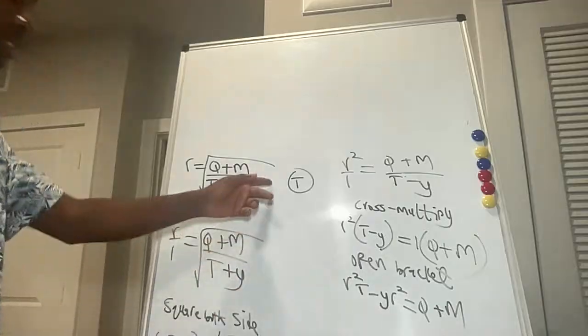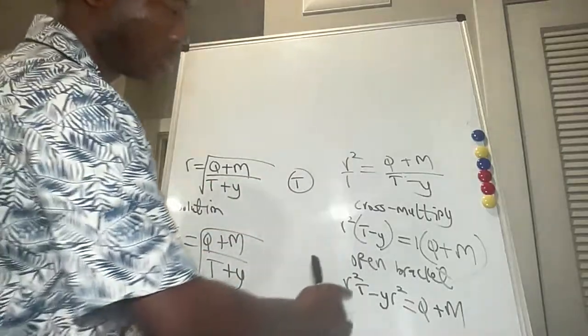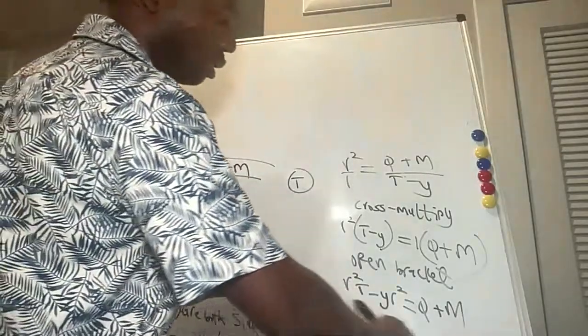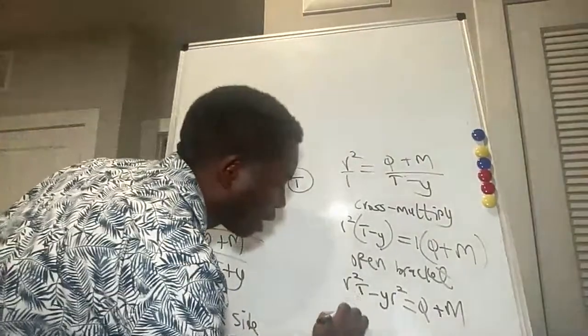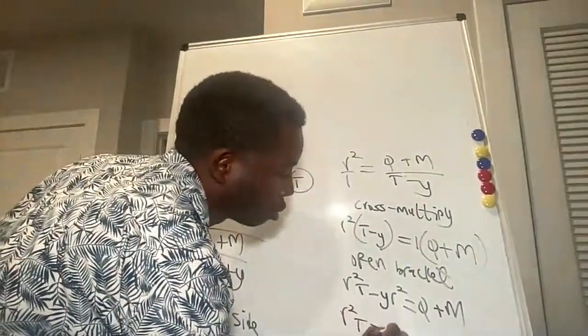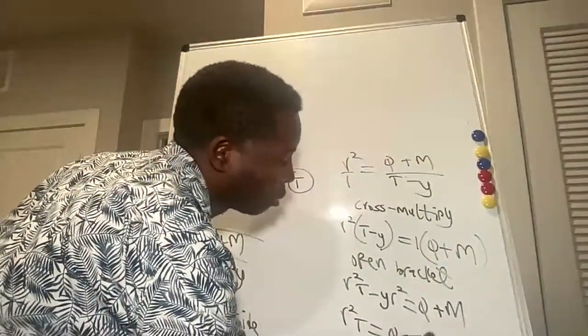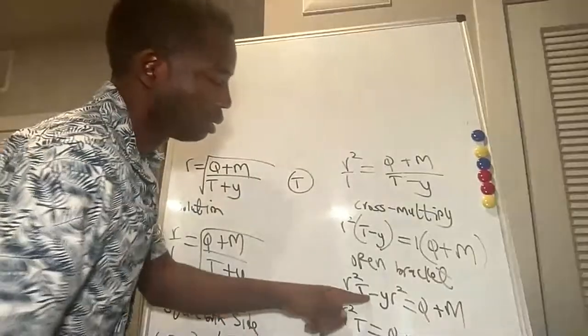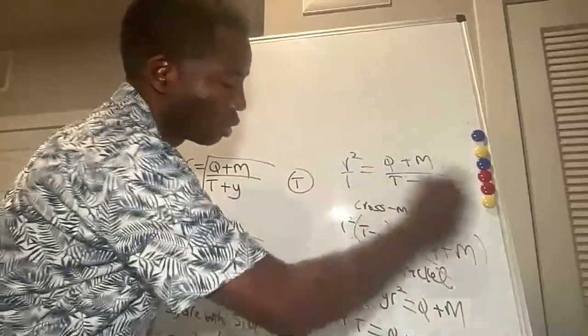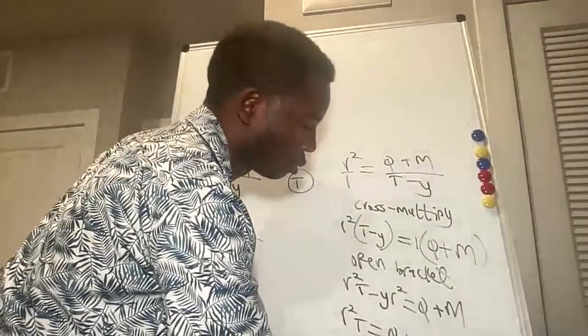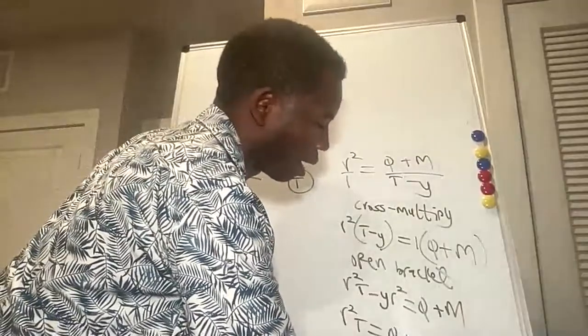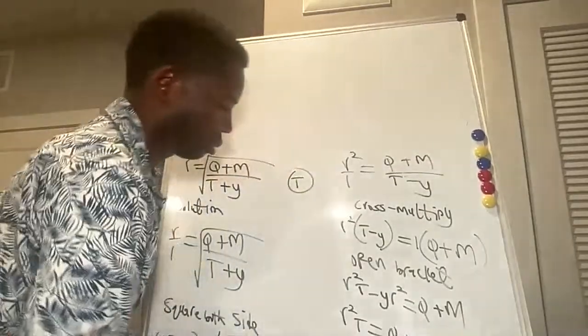Now we are told to make t. We have t here. There is no t in any other place. So now r square t is equals to q plus m. This minus, take it to the other end of the equation, become plus y r square.